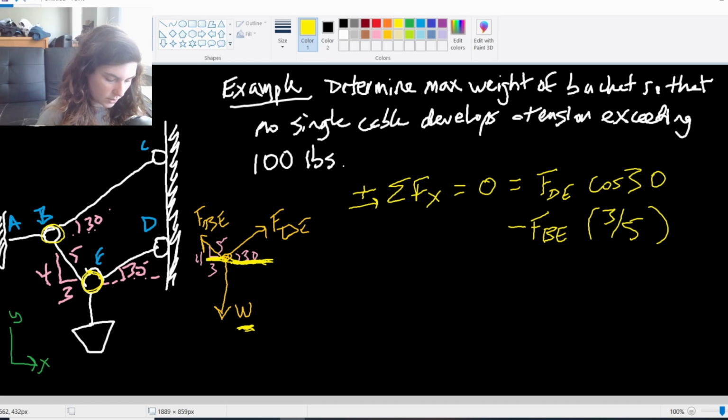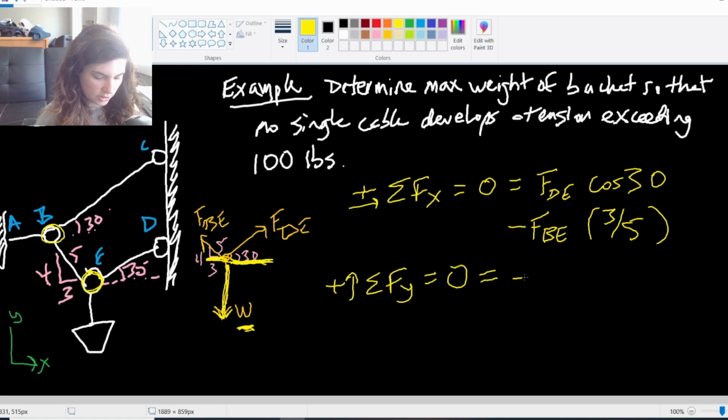Let's set up our y equation. In the positive y direction, summation of y forces equals 0 equals, I already know we have a negative W. This is all we have in the negative y direction. Negative W plus, these other two are in the positive y direction.